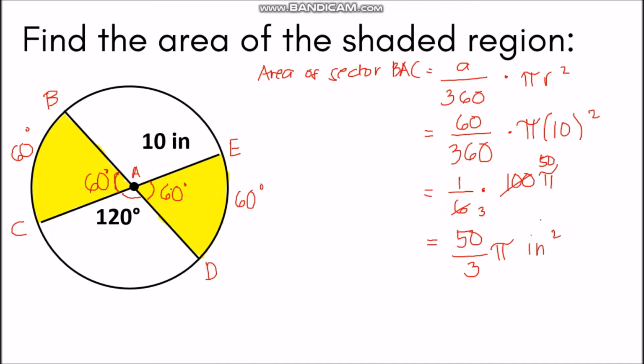Now, since we need to get the area of the two shaded regions, what we're going to do here is just multiply this area by 2 since they have the same measurement. So to get the area of the shaded region, all we have to do is multiply the first area by 2.